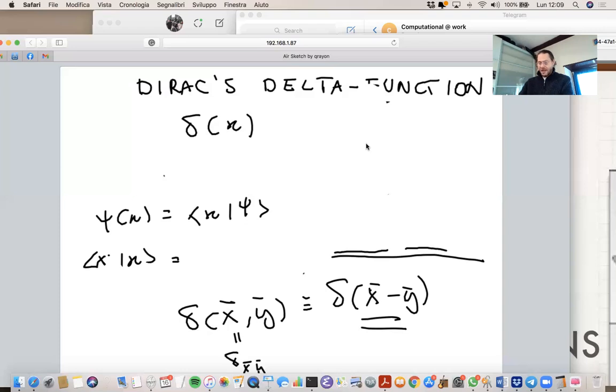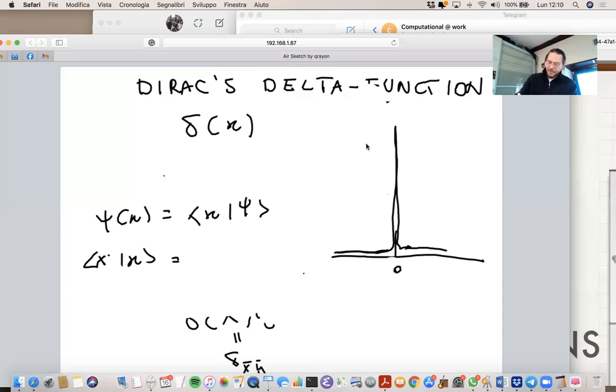It's like saying that unless the labels are equal, in which case the difference is 0, the delta function is 0, and it's not 0 only when the argument is 0, which means when the 2 labels are equal. These are 2 equivalent ways to write down this constraint that you have 2 objects, and you want them to be the same for this function to be non-zero. So the idea was that the delta function is finite only when the argument x minus y goes to 0, and it's 0 everywhere else.